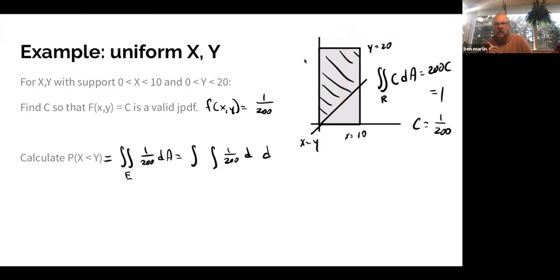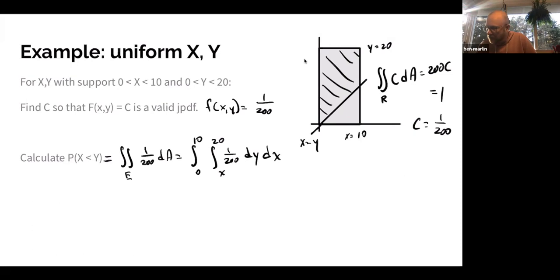So we probably want to do the integration that way. So I would integrate dy and then dx, and the y is going up, hit the x first, and then they exit at 20. And then for the x values, it's going to go all the way across from 0 to 10.